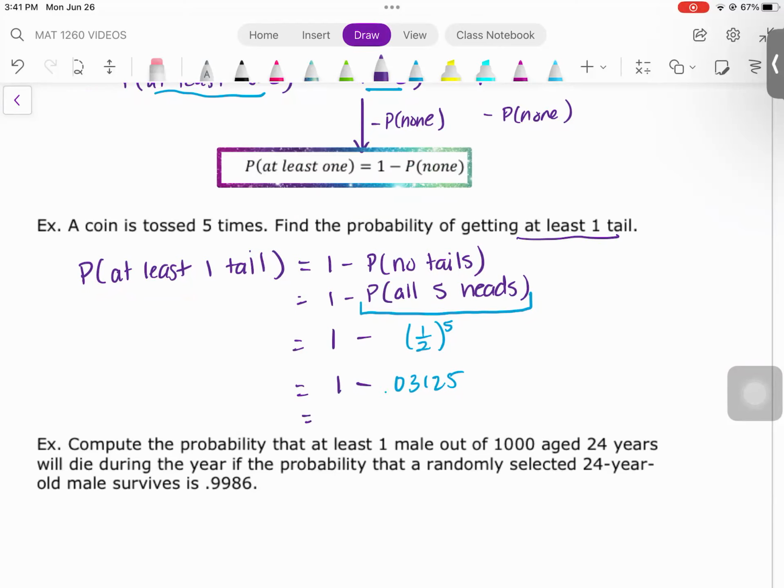And that gives us 0.969 if we round to 3 decimal places, or exactly 0.96875.